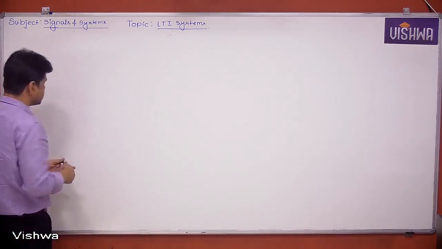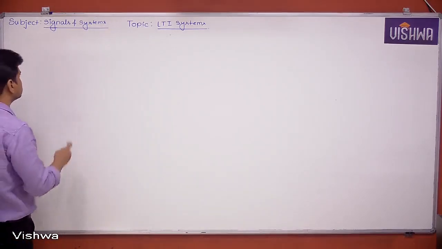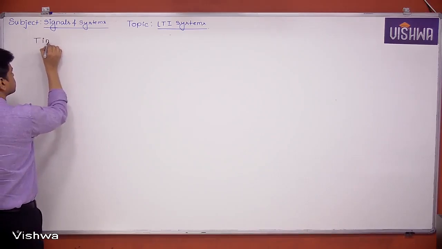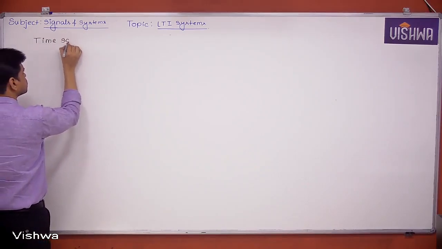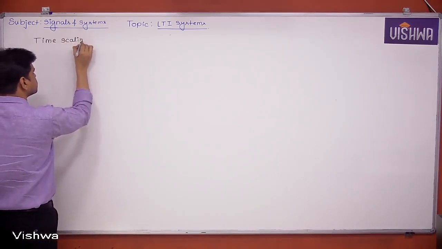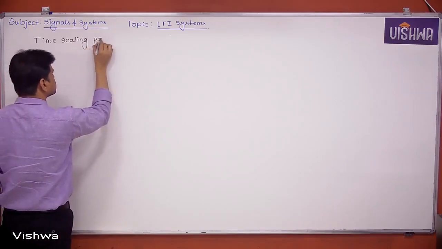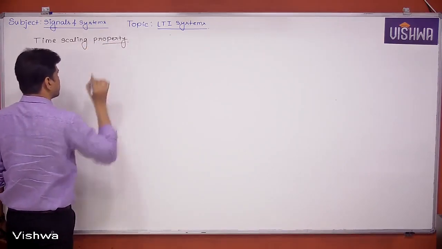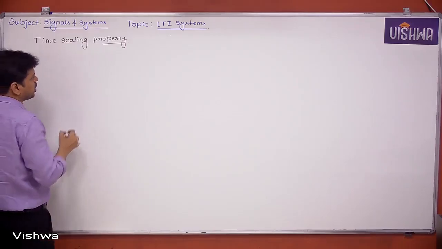In the convolution, let's say time scaling property. What is this property saying?